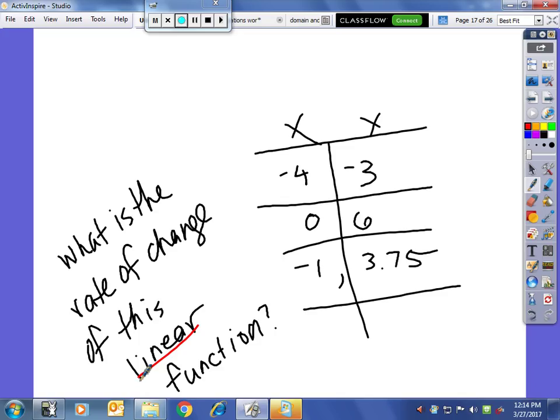Okay, what is the rate of change? 9/4. Are y'all good with that? Or 2 1/4. And if you had to bubble it in, you would bubble in 2.25. Are we okay with this one? So lots and lots of easy questions on the mock test.